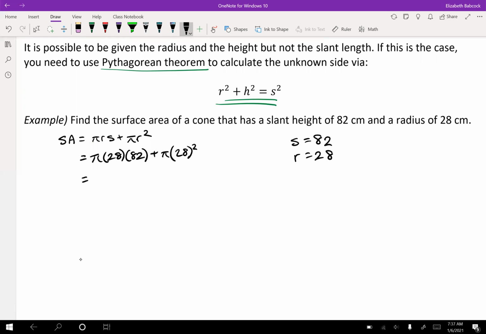We solve it out, plug that all into a calculator, make sure you can do it correctly. You should get 9676.11 centimeters squared. If you can't get that in your calculator, make sure you come check with me and we can see what's going on.